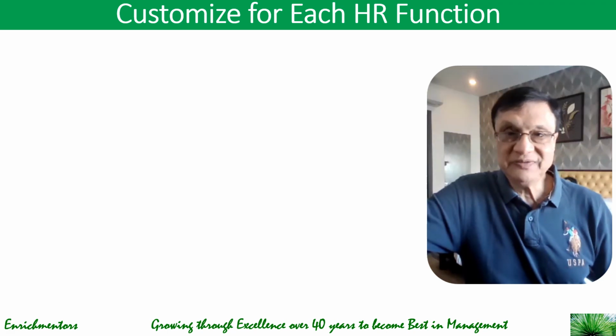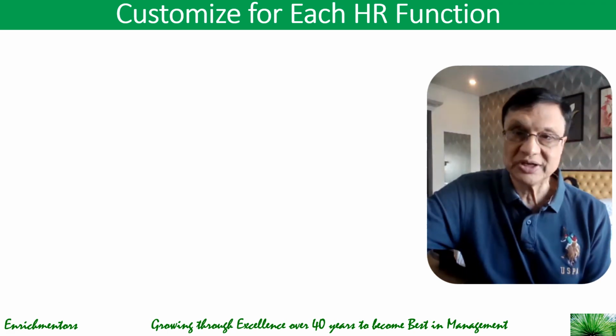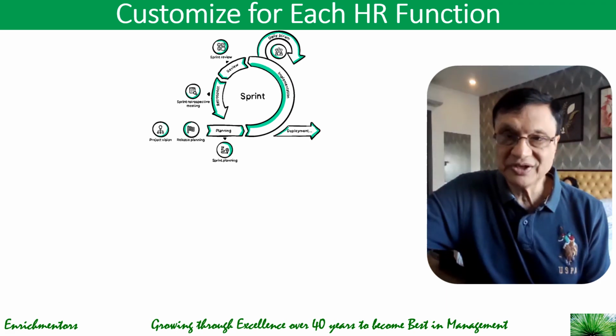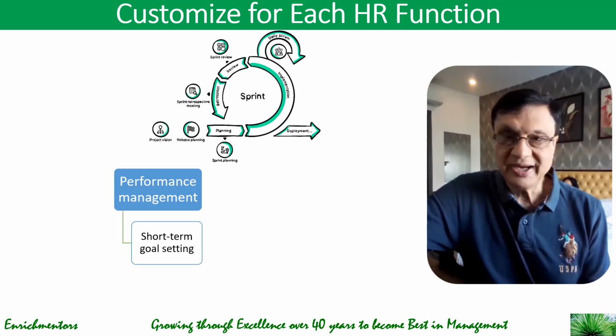Then you customize for each HR function, because if you want to roll out to other HR functions, you need to do customization. Tailor the agile approach to different functions such as onboarding, performance management, and training. There you work closely with the HR specialists in each function to adapt agile methodologies like sprints and retrospectives to their specific needs.